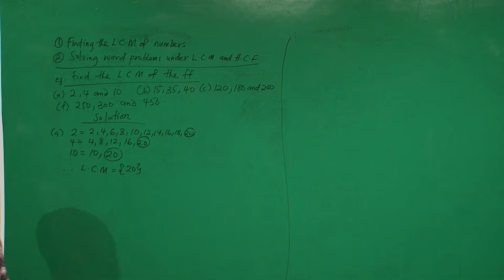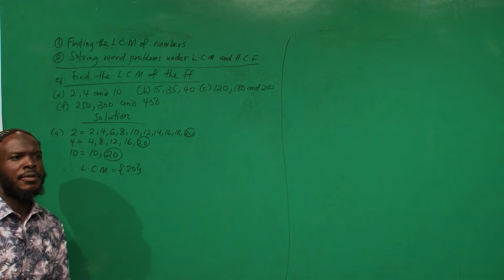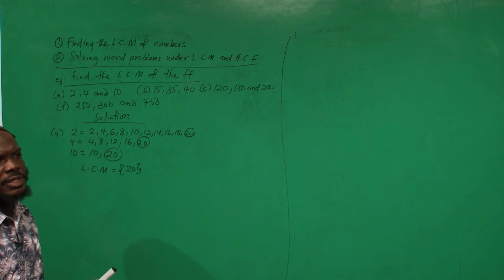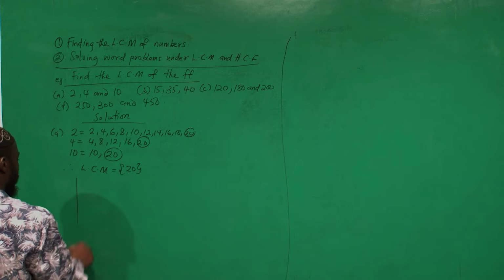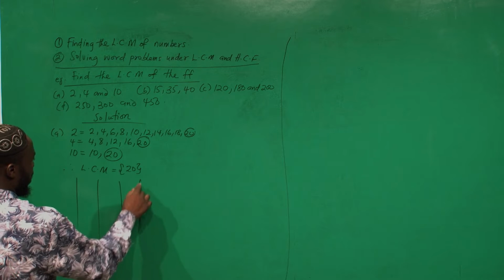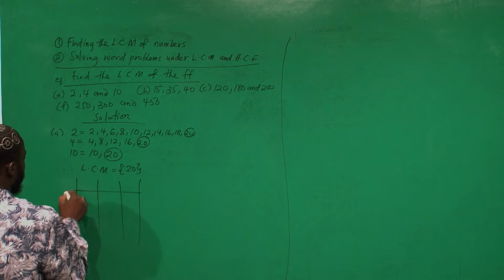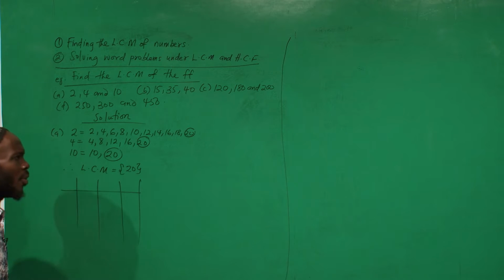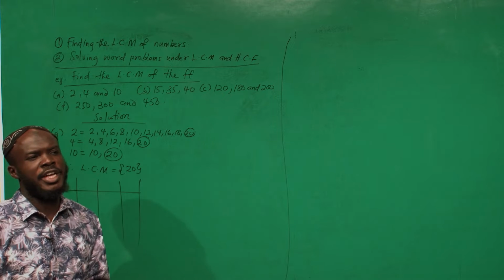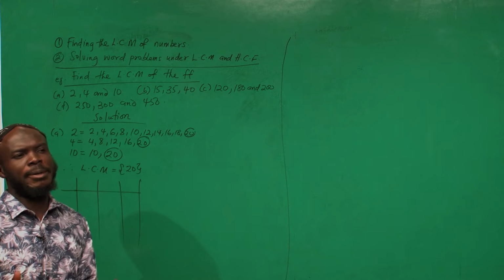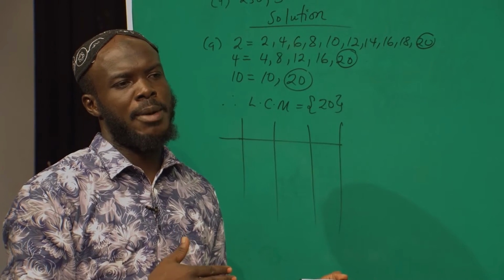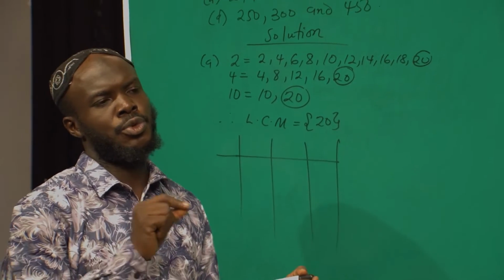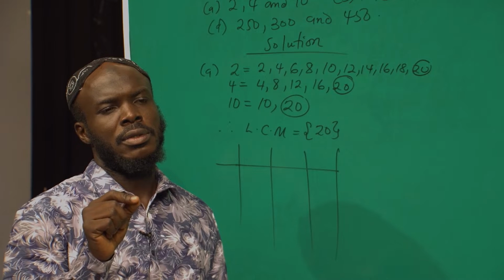Now, let's see the table method also, how it works. As we always say, the table method is very good for huge numbers, and it helps us to move faster. So let's see another student using the table method, whether he's going to get the same 20. Now, you remember that with the HCF, we said that we are going to use prime numbers to break the numbers down, where the prime number divides all three numbers, we don't underline.